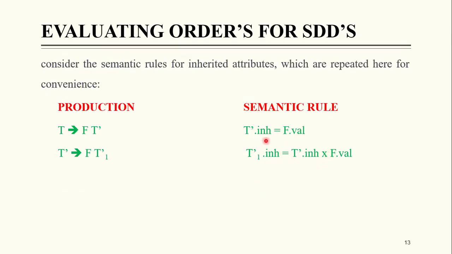The first of these rules defines the inherited attribute T'.inh using only F.val, and F appears to the left of T' in this production body, as required. The second rule defines T1'.inh using the inherited attribute T'.inh associated with the head, and F.val, where F appears to the left of T1' in the production body.